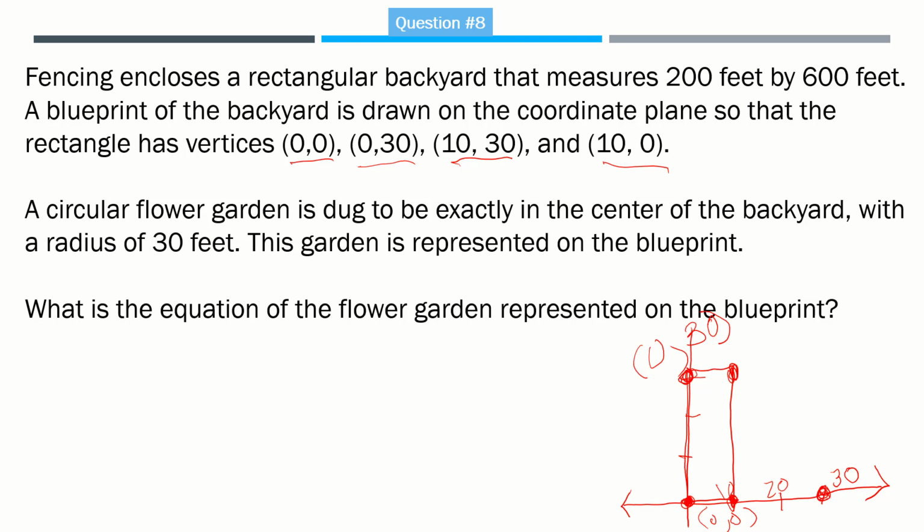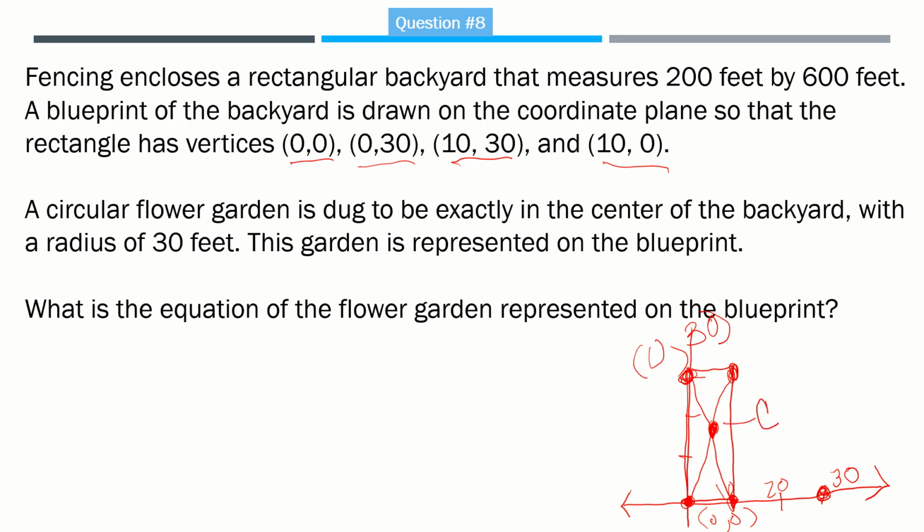A circular flower garden is dug to be exactly in the center of the backyard with a radius of 30 feet. All right, so I'm going to draw the diagonals, and those diagonals are going to be exactly in the center. So the midpoint of either one of those diagonals is going to tell me where the center of my circle is.